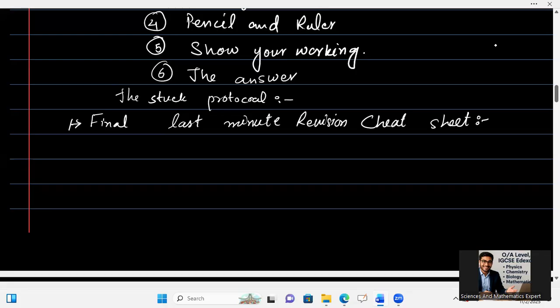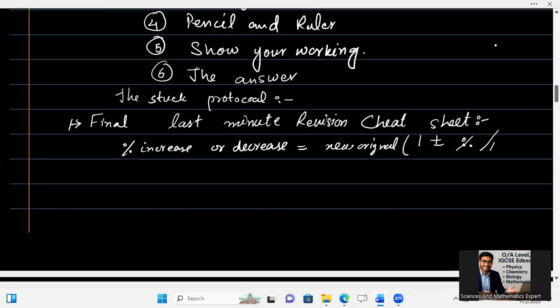For percentage increase or decrease, I mostly use the simple formula: the original value multiplied by 1 plus or minus the percentage divided by 100 will give you the new value.